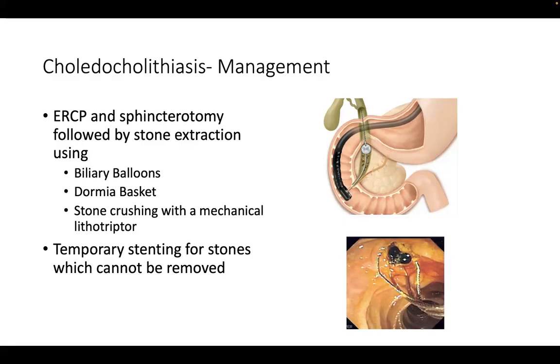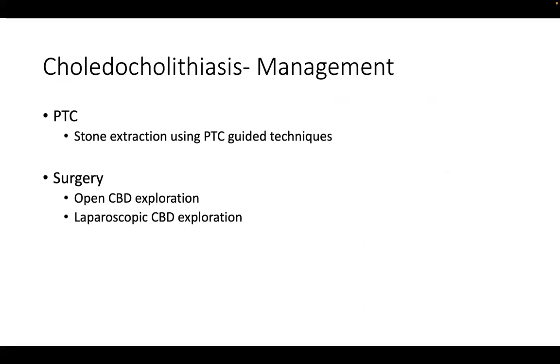So you can temporarily stent as well if the stone can't be removed. Then PTC, stone extraction using PTC guided techniques can be done. And surgery, you can do open or laparoscopic CBD exploration. Again, not commonly done. So mention the others first. So surgeries come with complications.